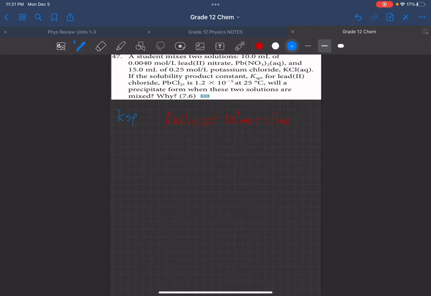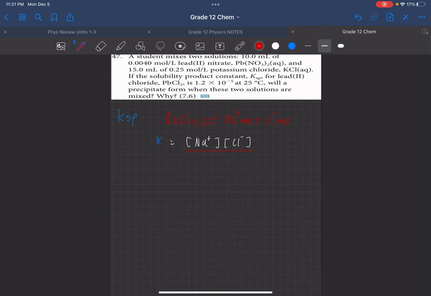And K, right, so K was the ratio of our products raised to their stoichiometric coefficients. So this being 1 and this being 1, they're both raised to the power 1. So we don't have to write that, right? So that is equal to the concentration of our products raised to their stoichiometric coefficients over the concentration of the reactants raised to their stoichiometric coefficients.